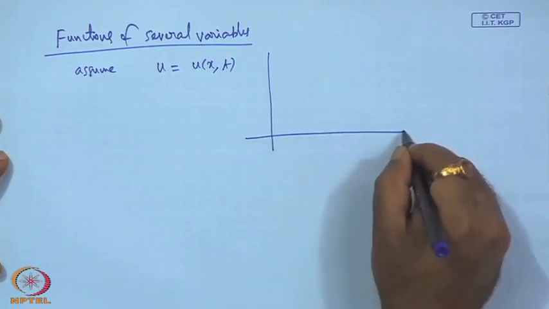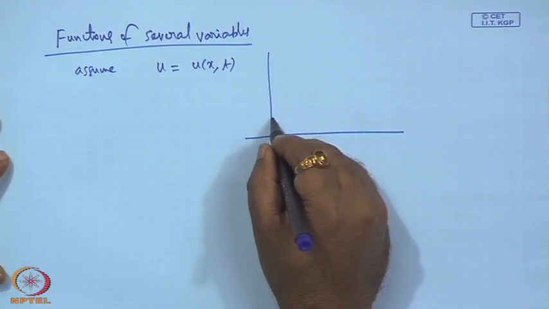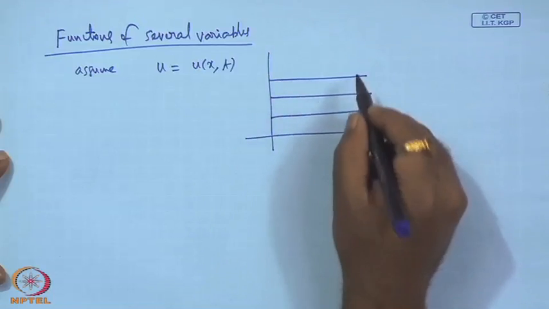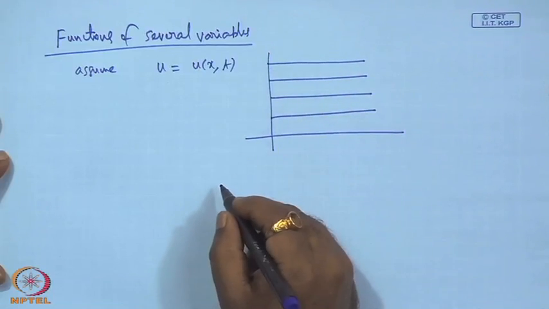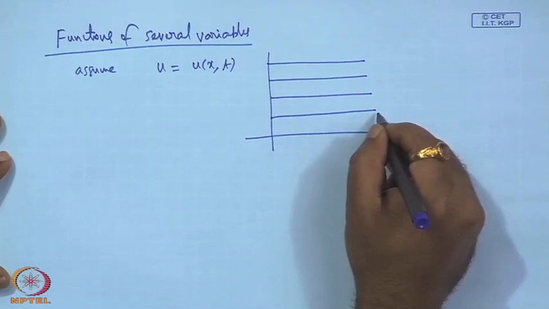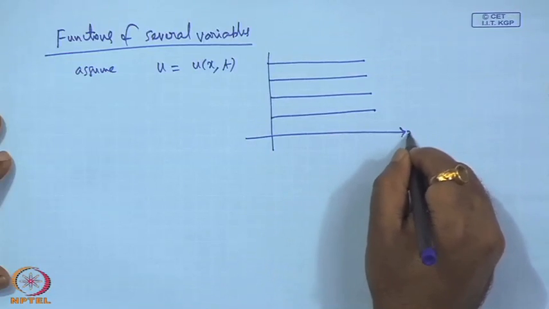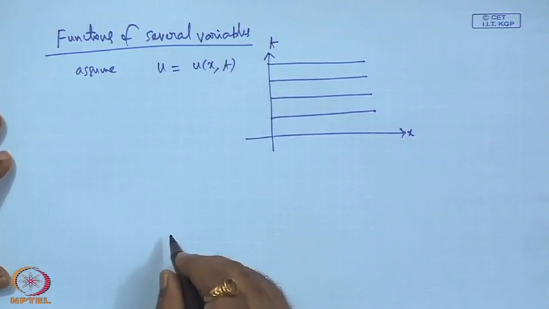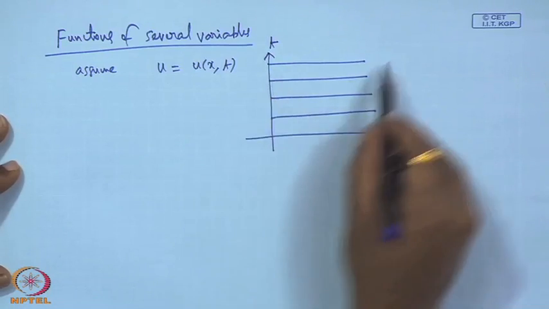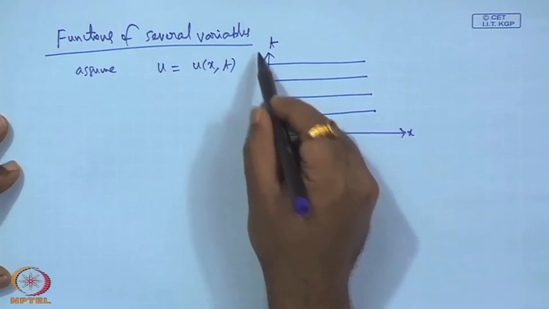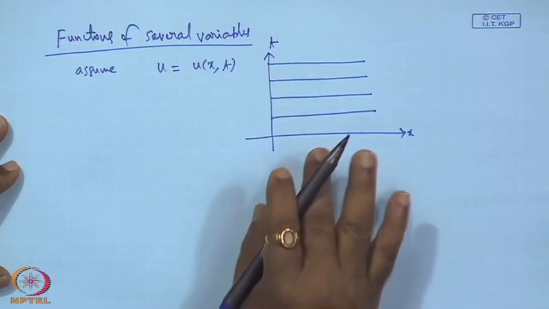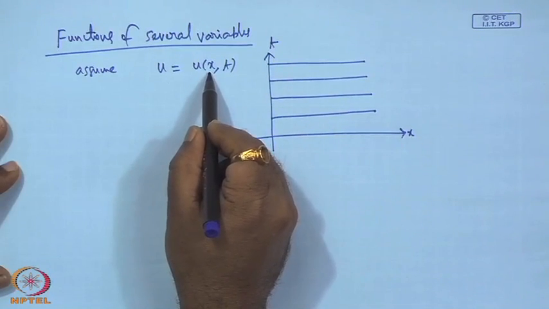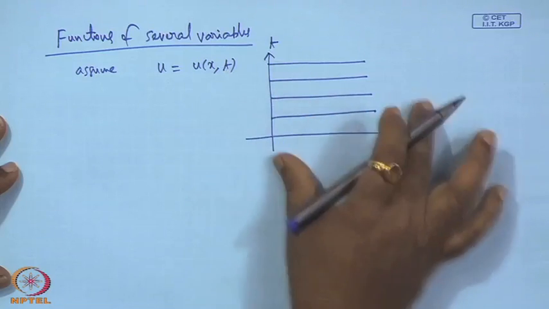So, now we can have a little better picture. You can see this is x and this is t. Do not get confused, earlier I plotted a graph of x with u, but here we are showing only the discretization of the domain. What is our domain? It depends on the x range and on the t range. So, this is our domain.